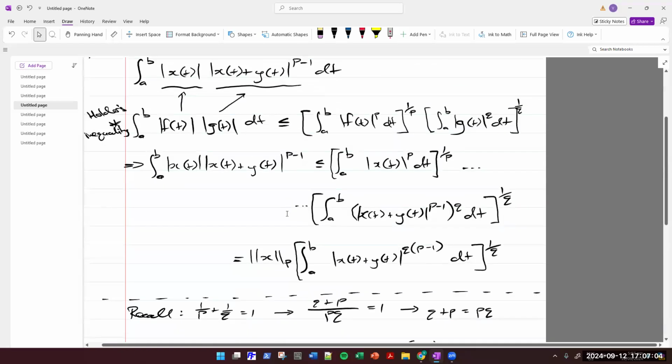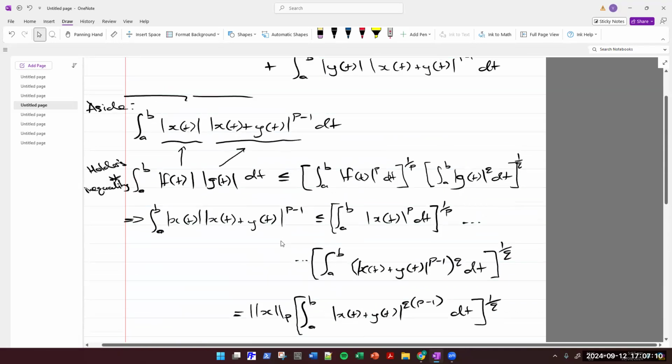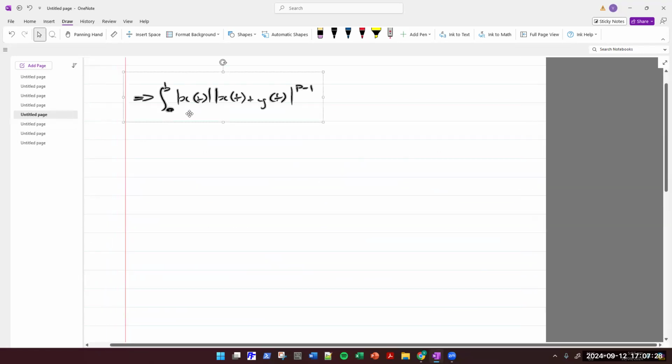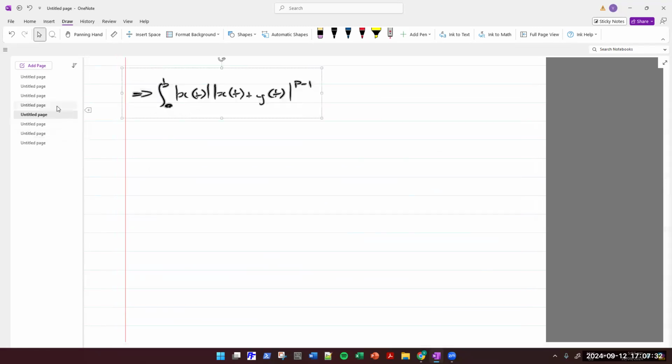We just have to put everything together. So what was on the left hand side? This is on the left hand side. So that's what we were working with.